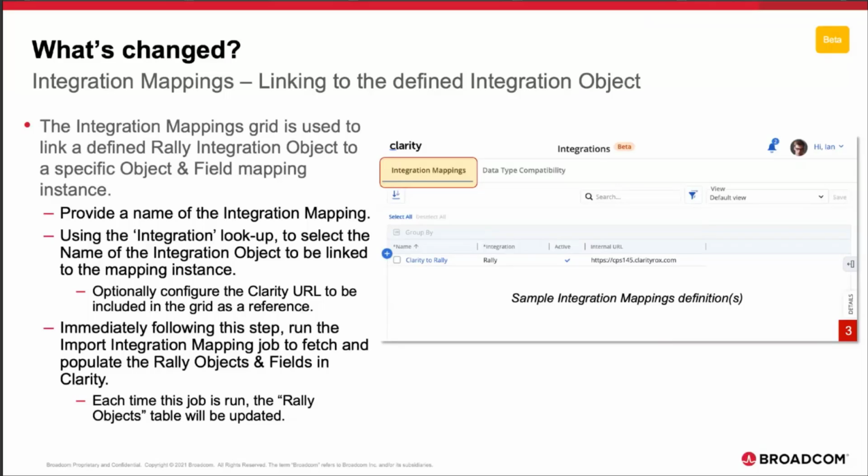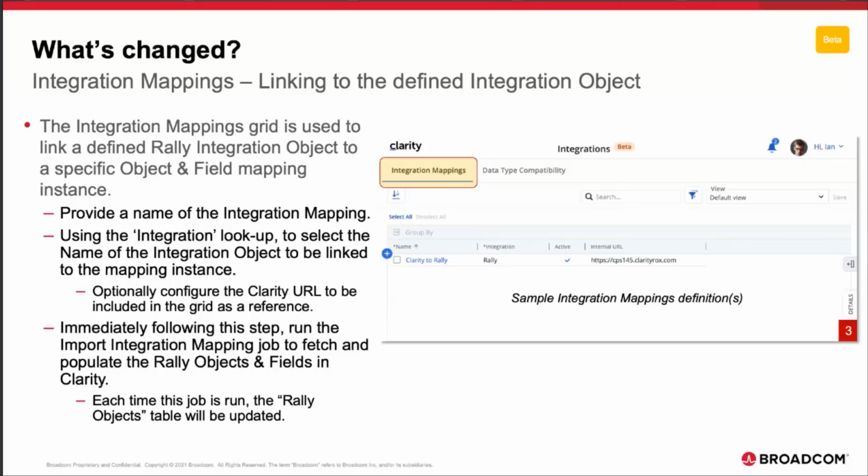That's the starting point. We call that an integration mapping. You just name it what you want. And this is built on the Common Grid tool set. I like to bring in the URL, that's the Clarity URL, just as a reference. It's not required.